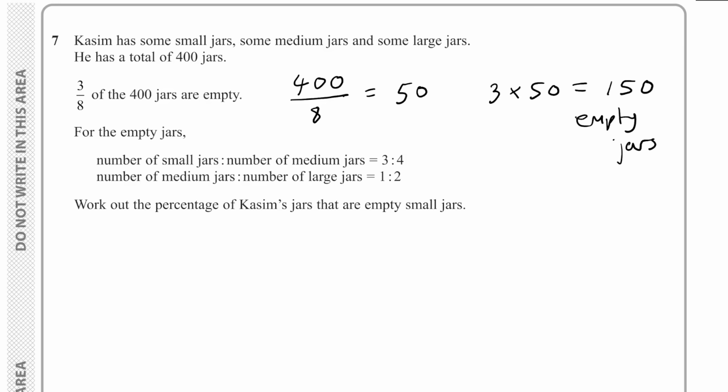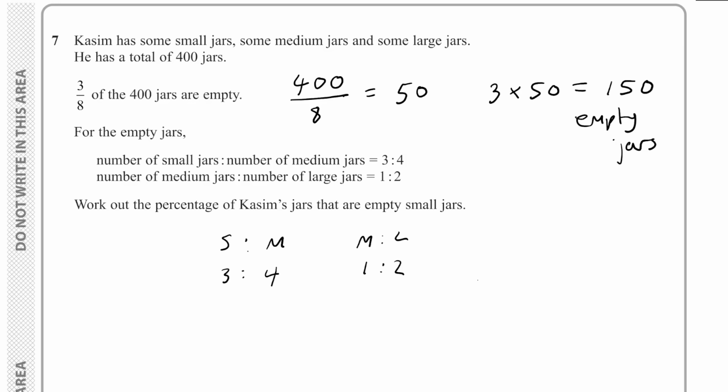For the empty jars, the number of small jars to medium jars is in the ratio 3:4. Medium to large is the ratio 1:2. So we need to know how many are small, how many are medium, and how many are large. So we need to put these two ratios together, make it into one thing. Because they've got medium in both, we need to make medium the same.